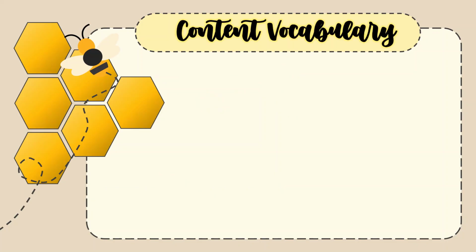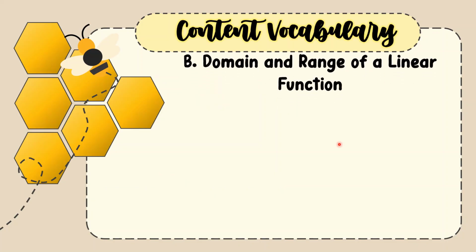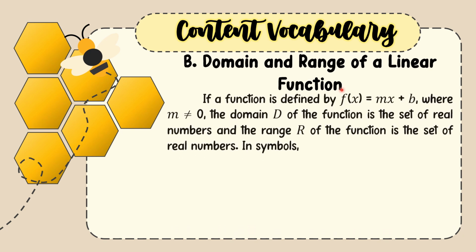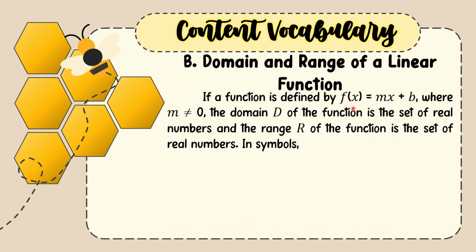Now let us proceed to the domain and range of a linear function. If a function is defined by f of x is equal to mx plus b, where m is not equal to 0, the domain D of the function is the set of real numbers and the range R of the function is the set of real numbers.